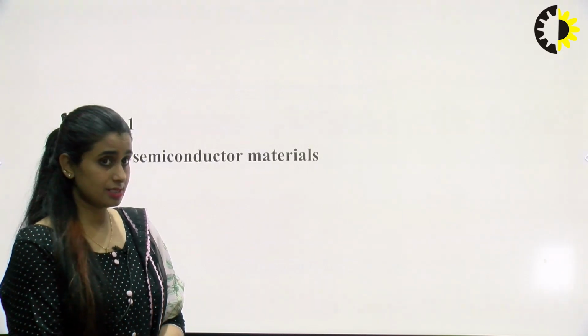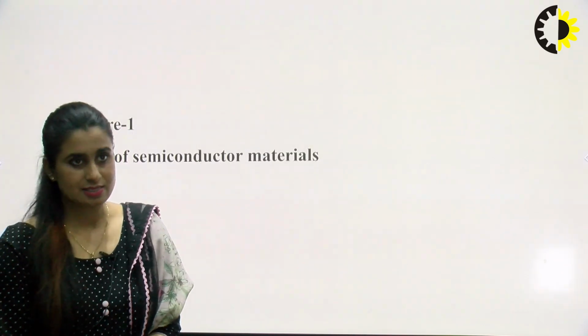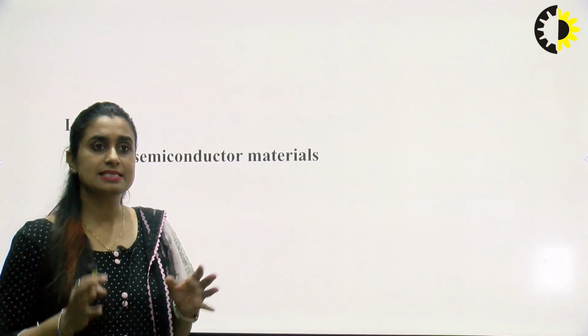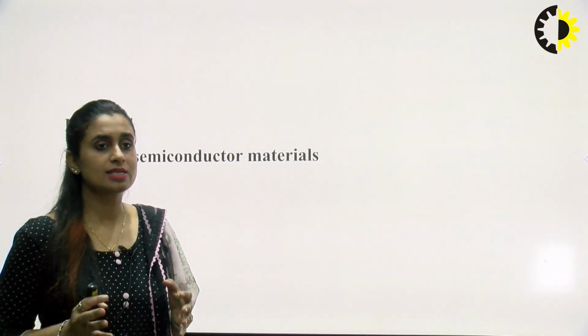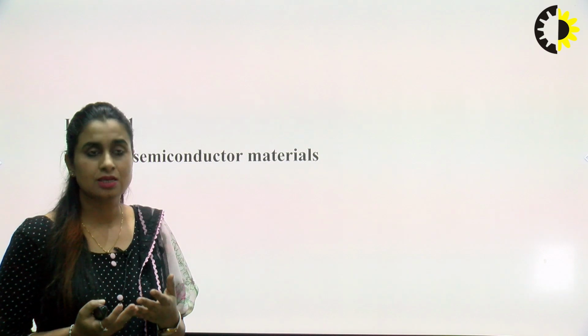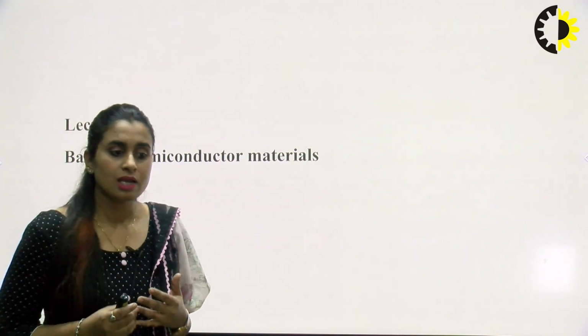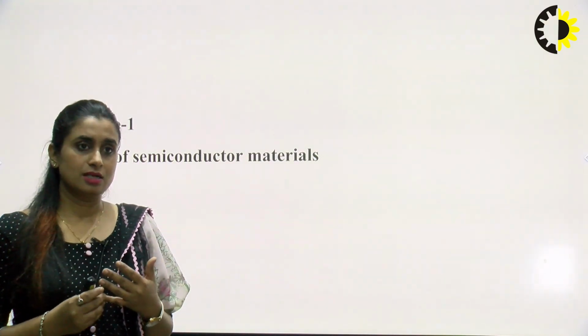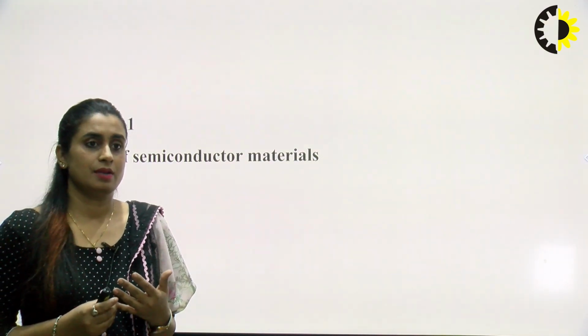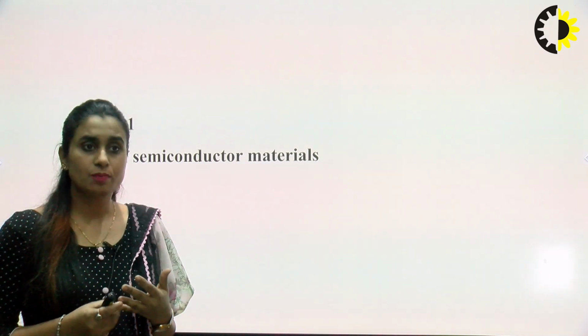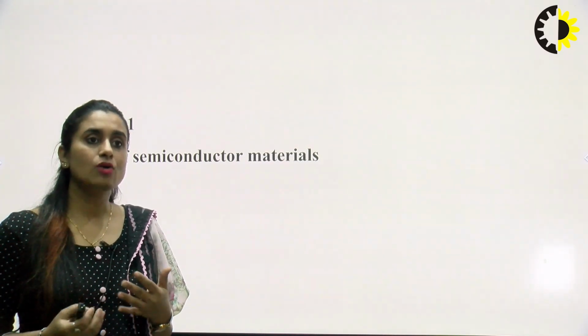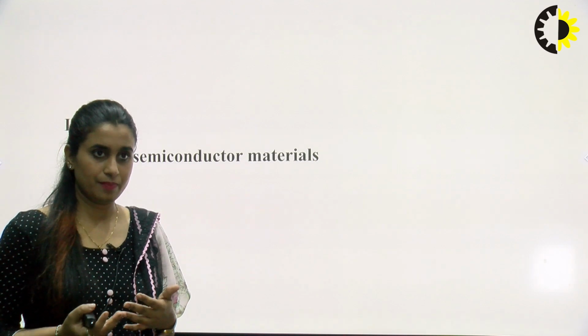First of all, we need to understand what semiconductor materials are. As the name says, semiconductors. So we need to understand first of all what are conductors, what are insulators, and what are semiconductors. Conductors are basically the electronic equipment that allows electricity to pass through them, right?